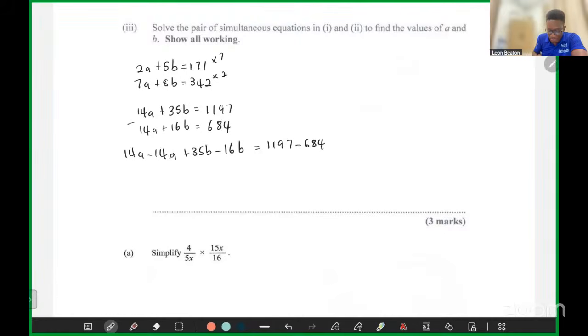So 14A subtract 14A is 0, that cancels out. 35B subtract 16B would give us 19B, and this is equal to 1,197 subtract 684, which would give us 513.